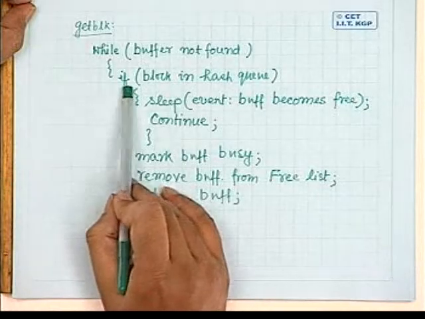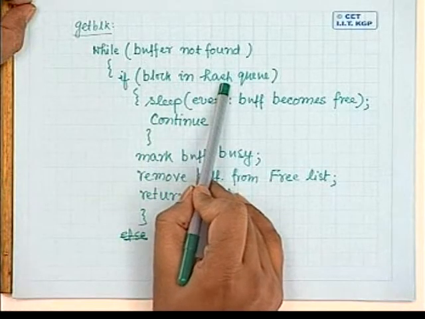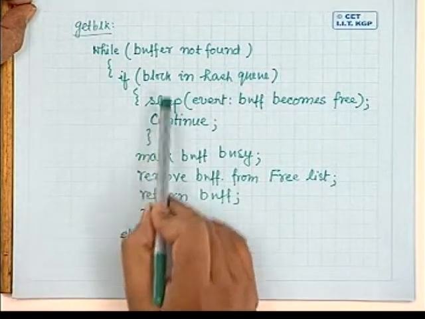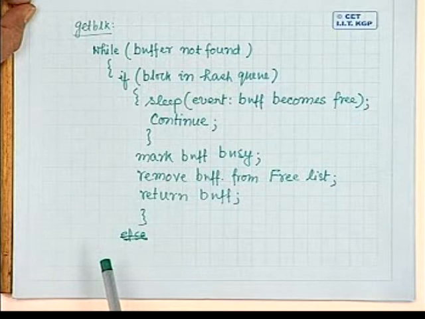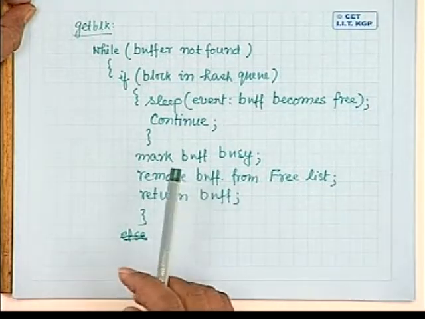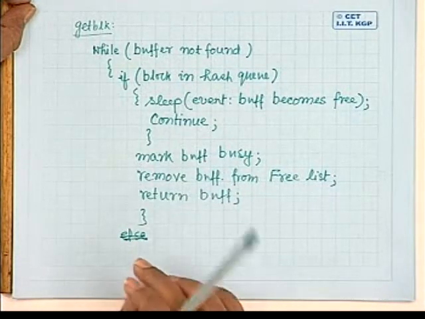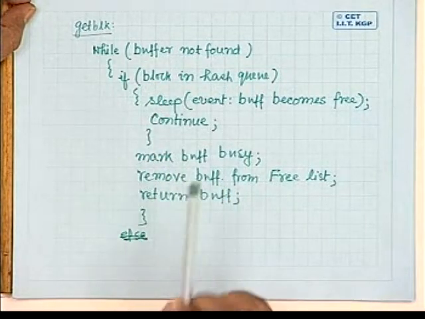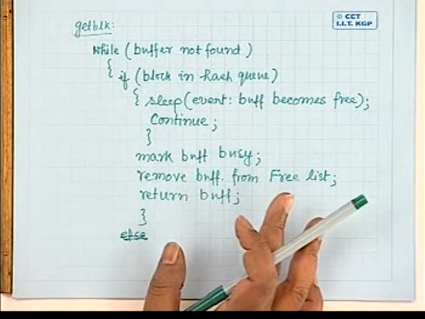So as I said, there can be two different situations: the block is present in the hash queue, or the block is not present in the hash queue. If the block is present in the hash queue, it means that whichever data is requested is already present in the buffer cache.